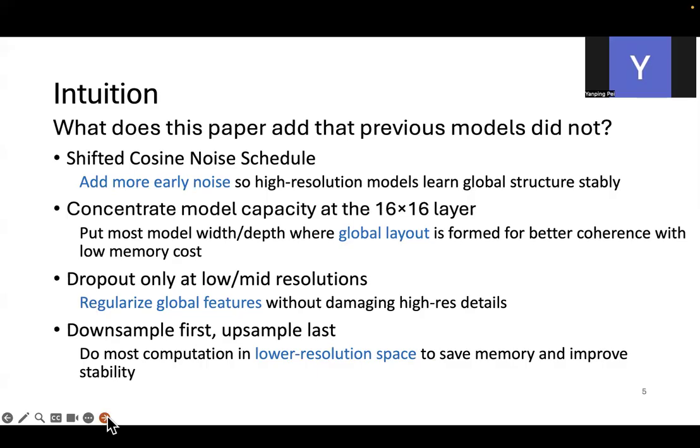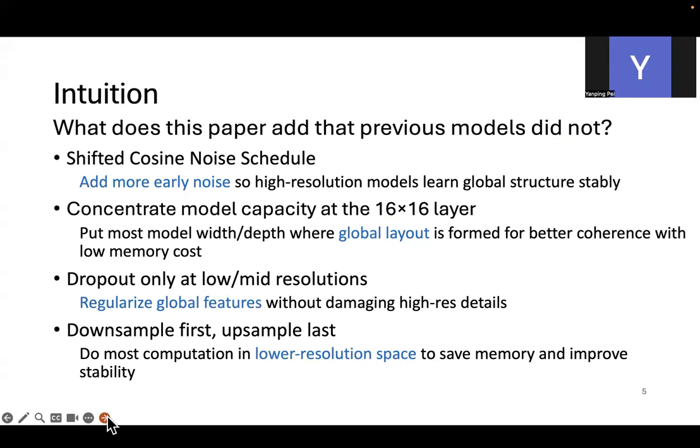They did these four things that the previous methods did not. First, shifted cosine noise schedule. Add more early noise so high-resolution models learn global structure stably. Concentrate model capacity at the 16 times 16 layer. Put most model width and depth where global layout is formed for better coherence with low memory cost.